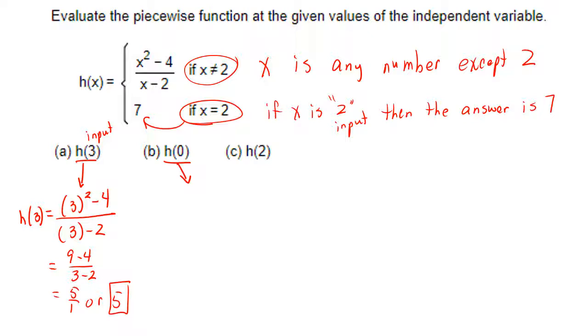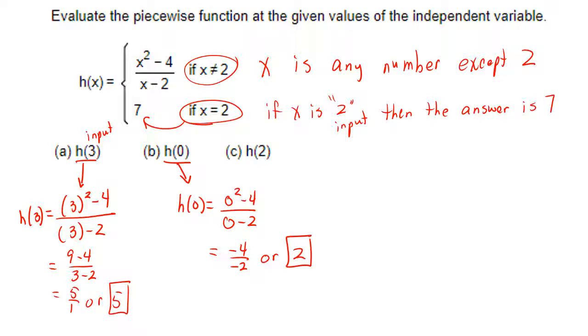So I would again use the first piece of this function to work it out. h of 0 equals 0 squared minus 4 and 0 minus 2. When I work that out, I get negative 4 over negative 2, which will reduce to be the number 2. The answer for part B then is 2.